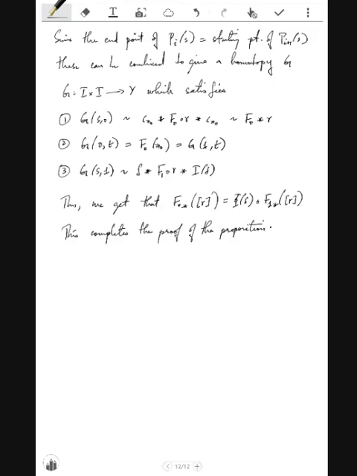So now let's define what a homotopy equivalence is. Definition: let x and y be two topological spaces.